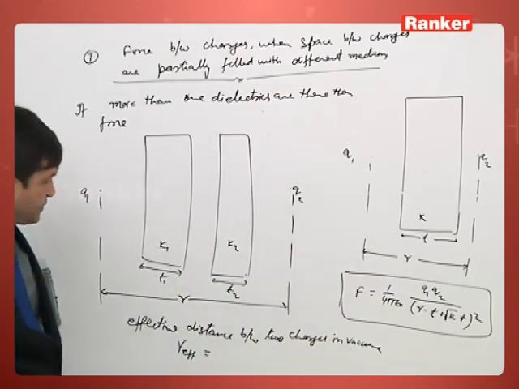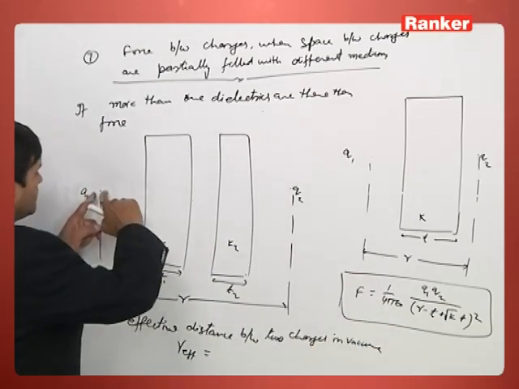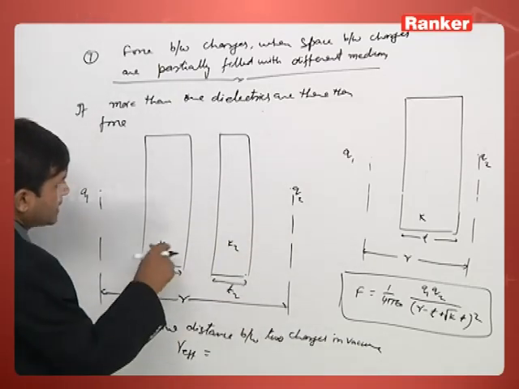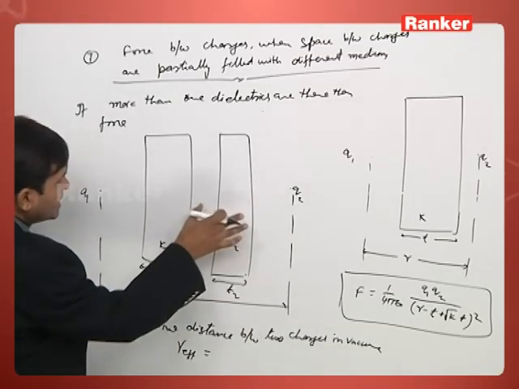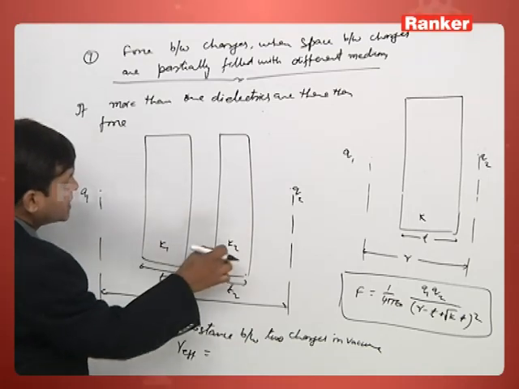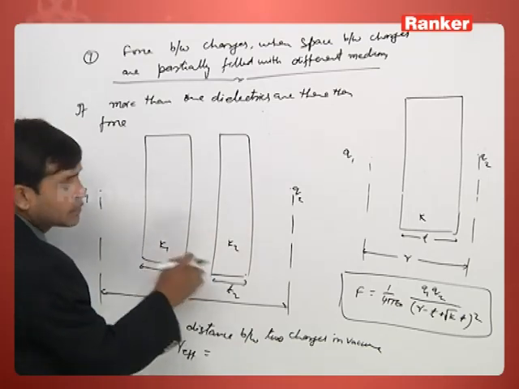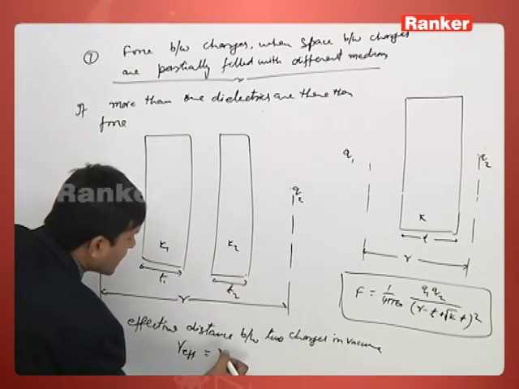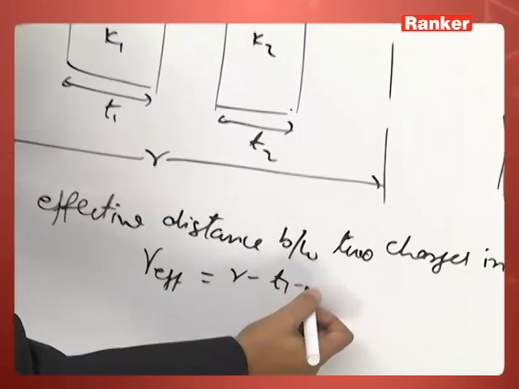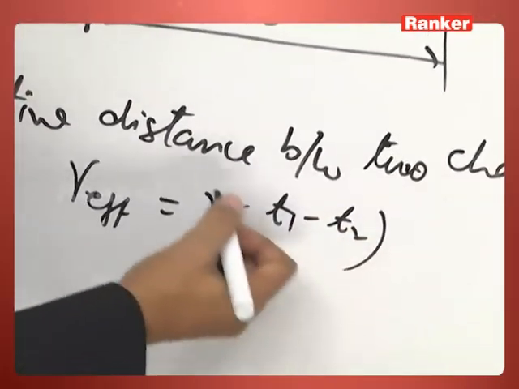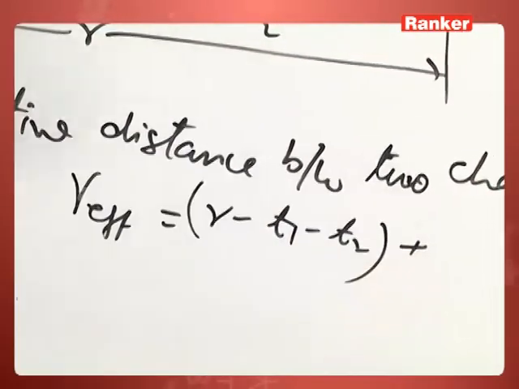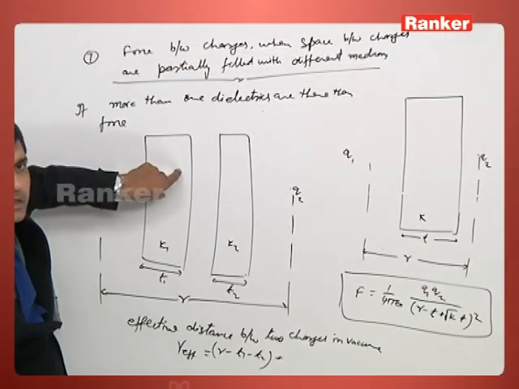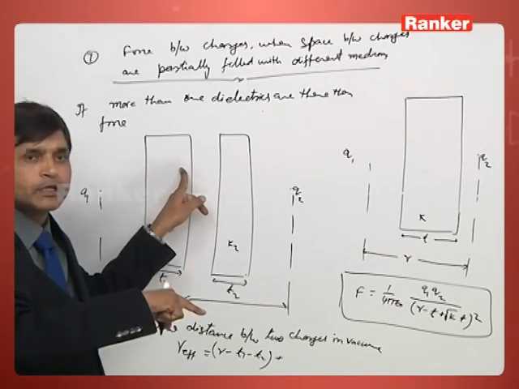Okay, see, Q1 and Q2, the net distance was R, but in between these two charges there are two plates we kept here, T1 and T2 thickness. So how much distance is left for vacuum? For vacuum, R minus T1 minus T2, this is already in vacuum, plus T1 thickness in a medium. So convert in terms of vacuum.